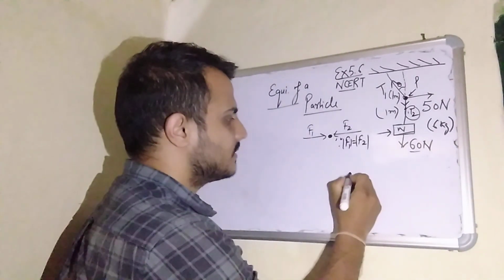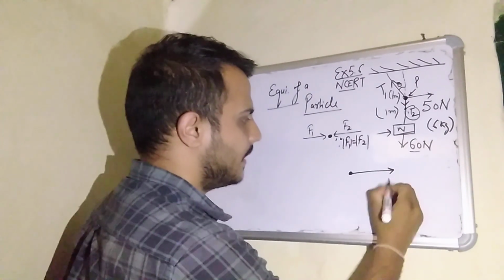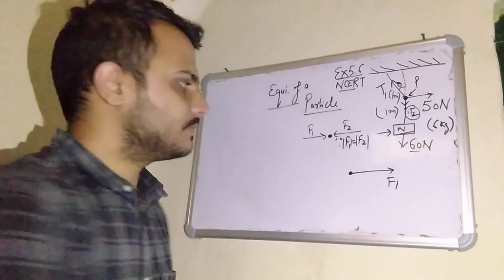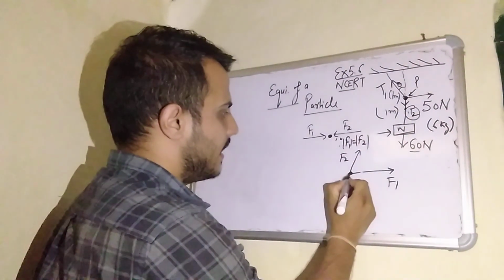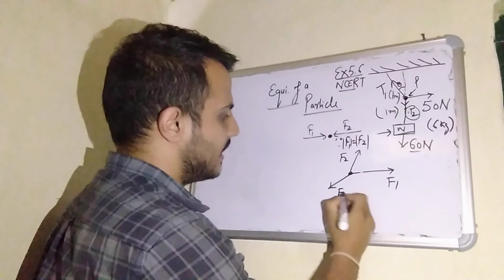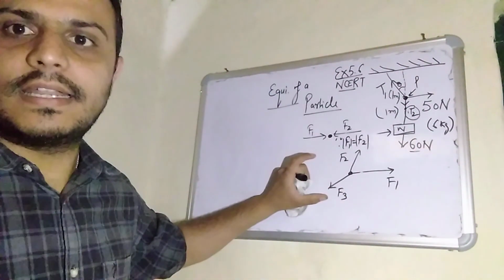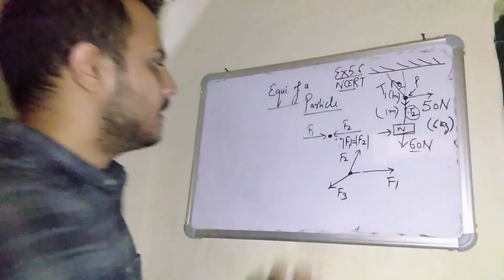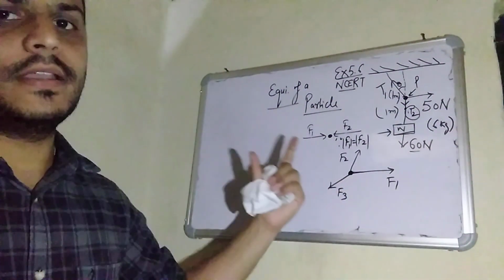This is a particle, one force F1 is acting here, F2 is acting here, and F3 is acting here. F1, F2 and F3, these are the three forces acting on this particle, and we have to say that this particle is in equilibrium.